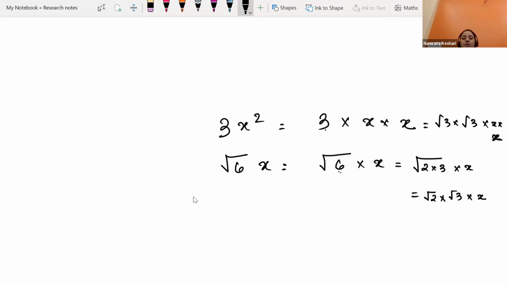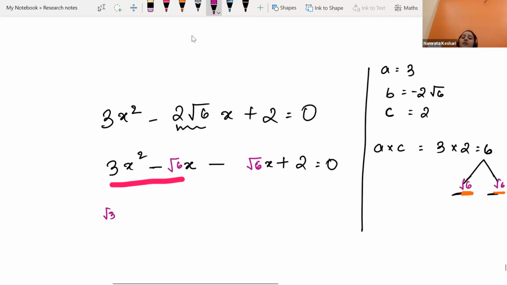So root 3x will be common, and inside the bracket will be left root 3x plus root 2. Root 3x was very difficult to figure out from here. We figured it out successfully when we wrote the same thing in the rough space, and we realized root 3x we have taken out common. Root 3x minus root 2 will be the remaining, right?